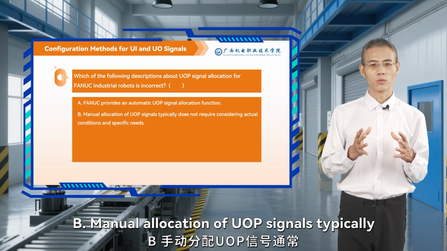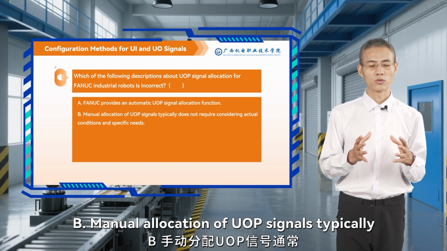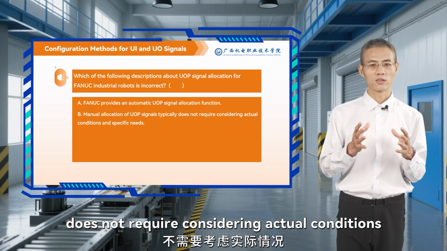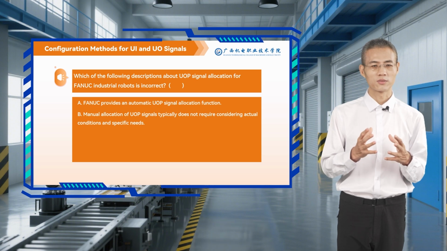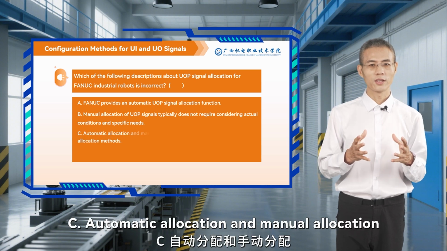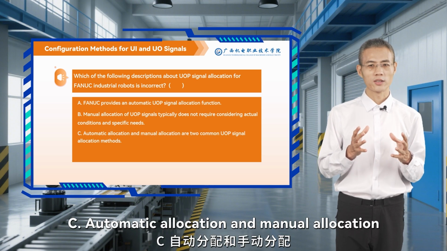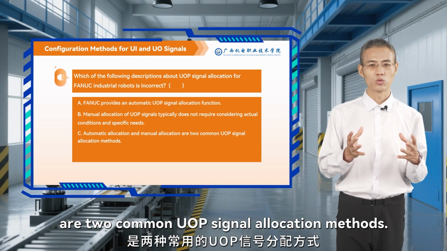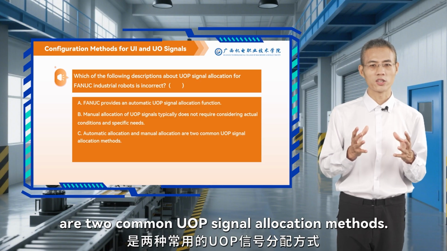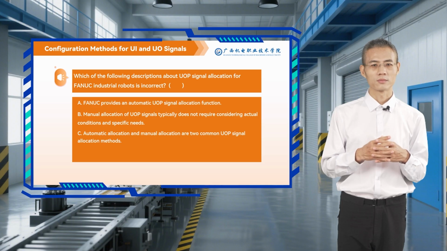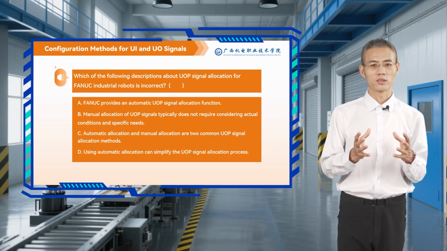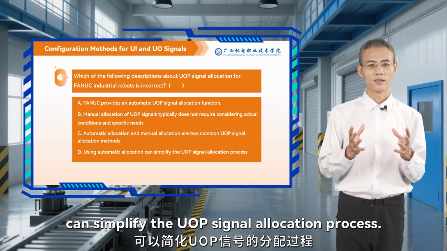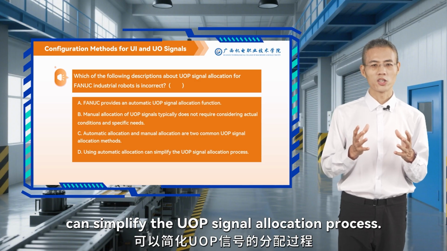B. Manual allocation of UOP signals typically doesn't require considering actual condition and specific needs. C. Automatic allocation and manual allocation are two common UOP signal allocation methods. D. Using automatic allocation can simplify the UOP signal allocation process.